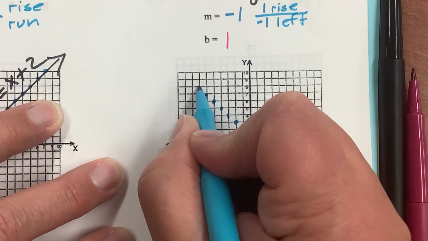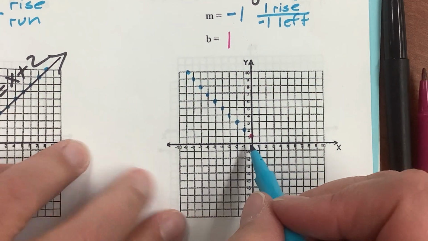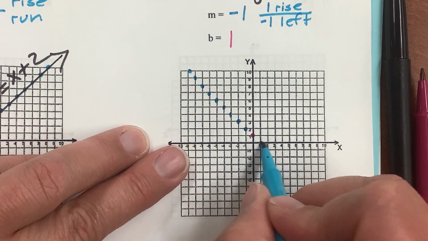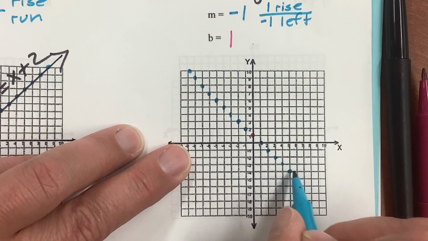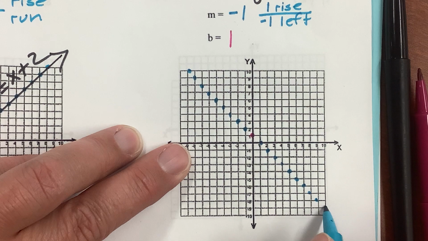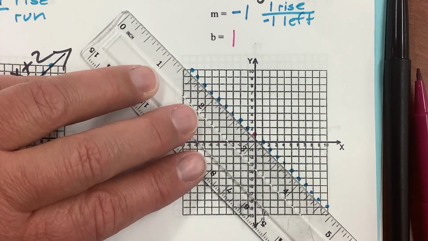Because it's negative, I'm going to the left. But if I want to go to the right, I have to go down. So down and to the right to get some more points. I want my line to be nice and straight, so I put as many points on my graph as I can. Make sure they're all in a nice straight line.